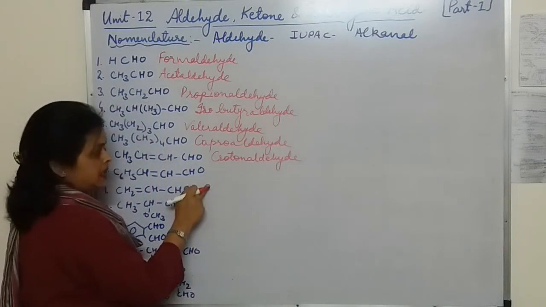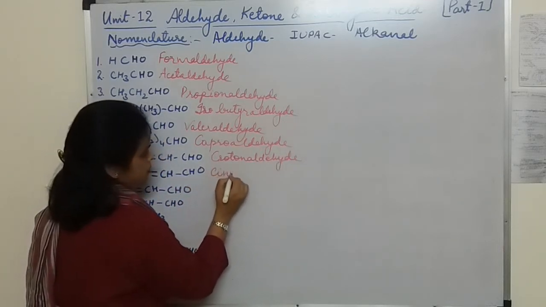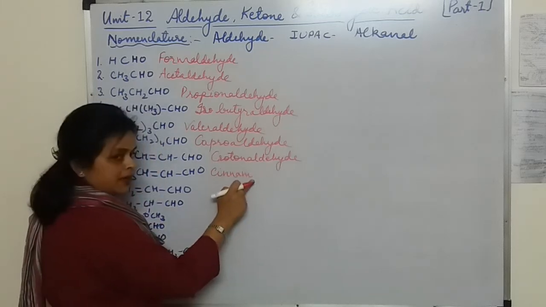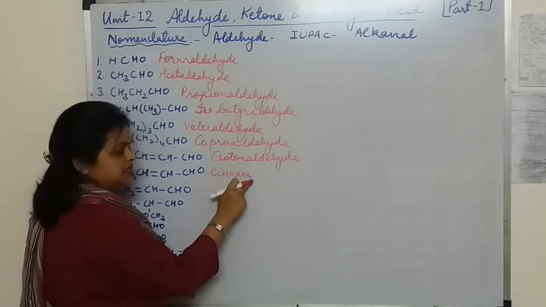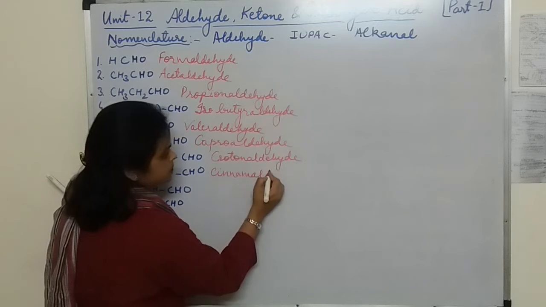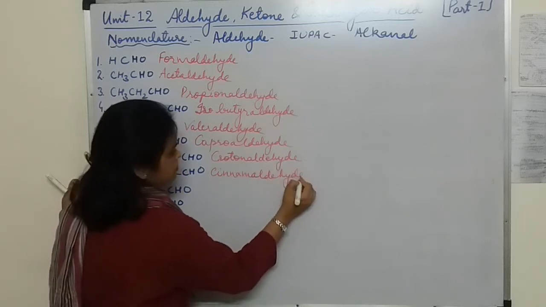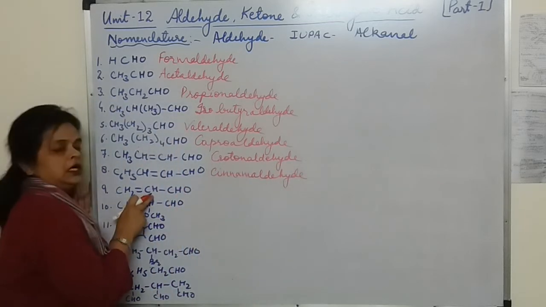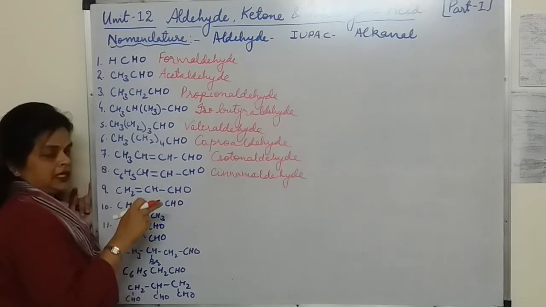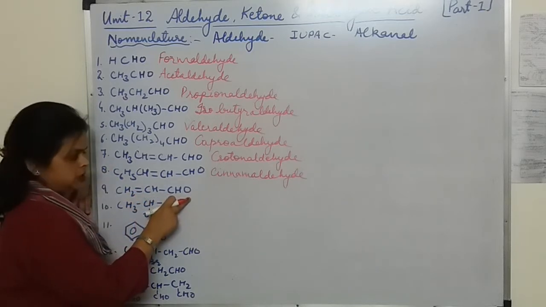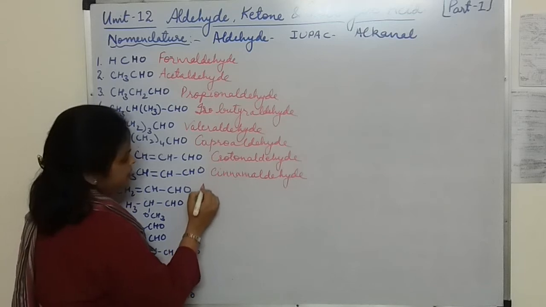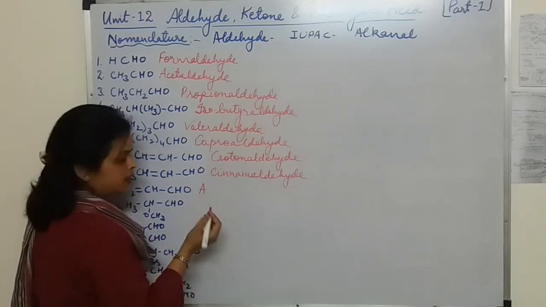Here it will become cinnamaldehyde. Cinnamic acid, so after this ic acid we will write aldehyde. Now this, earlier it was acrylic acid. Now instead of COOH we are having CHO, so it will be acraldehyde, or it is also called acrolein.